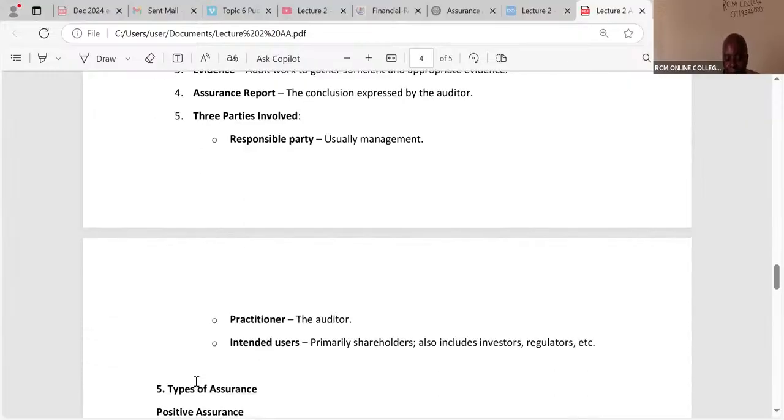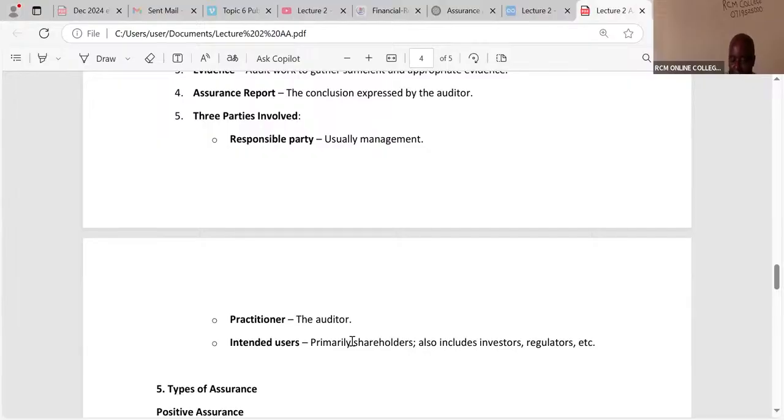That is the responsible party. And then we have the practitioner, the auditor, who is AURA and co. And then we have the intended users, the ones who have engaged us now to go and do an audit of those financial statements. So these are the primary shareholders. Primarily, they are shareholders, also investors, regulators, etc., etc.